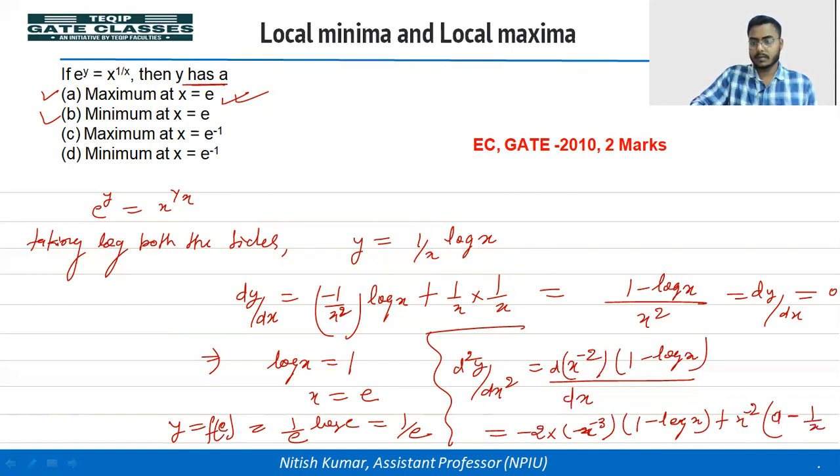Okay, so calculate the d square y by dx square. If you are getting this value greater than 0, then that would be the point of minima. If you are getting less than 0, then x is equal to e would be the point of maximum, right? So you can calculate also. You can take the options like A and B.